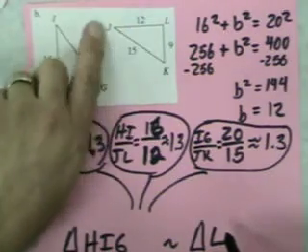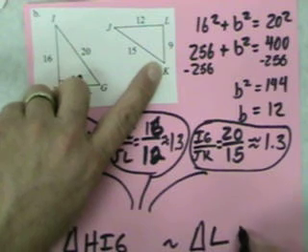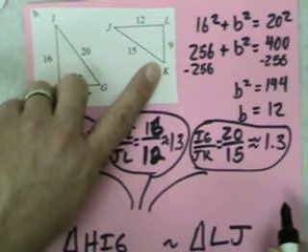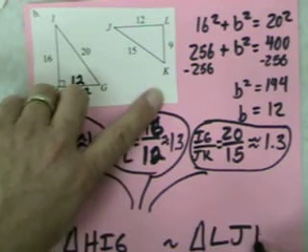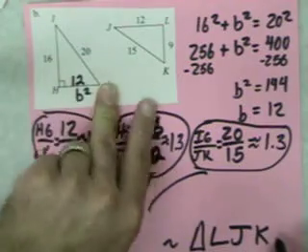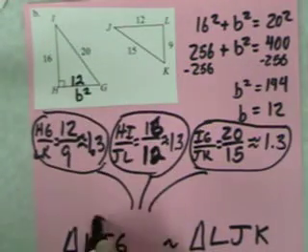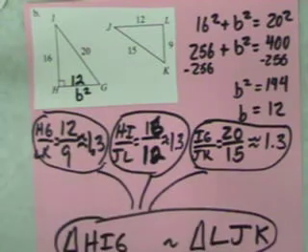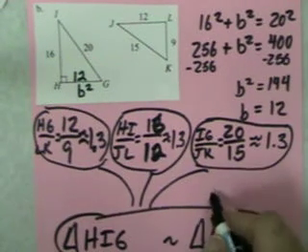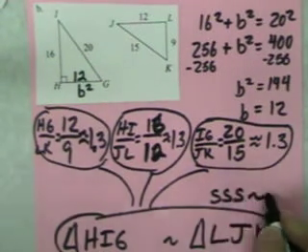So the medium and the long would be J. And I only have one letter left here, so G has to go with K. And so there's my similarity statement, my conclusion. And I know that by side, side, side similarity. Okay.